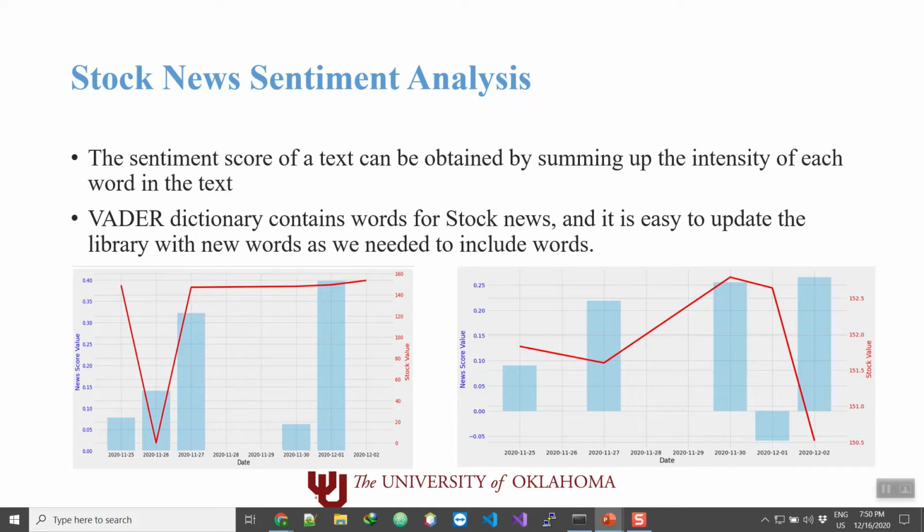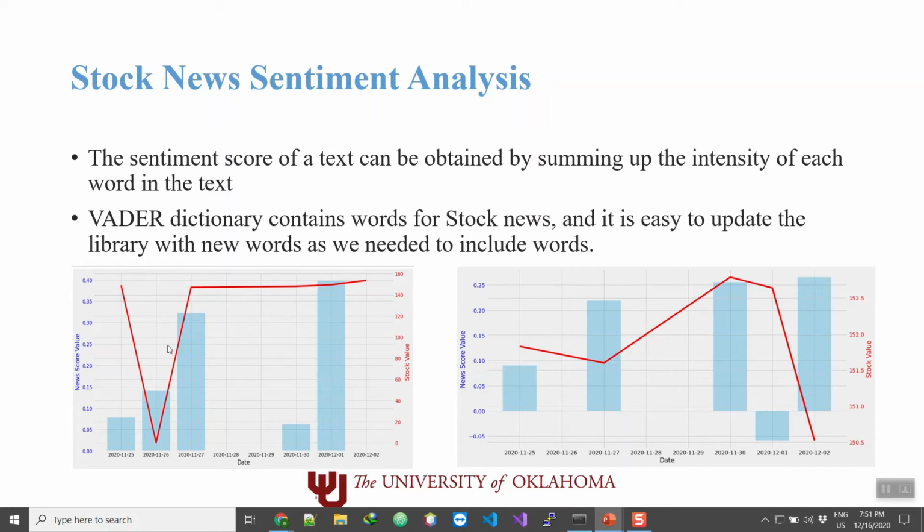We can make our own dictionary and set our own scores for the words we need, which we really need for biostocks, for example, because biostocks have words, like the names of a vaccine or a company, or stages in vaccines, that a usual dictionary or sentiment analysis won't include. So it would be really helpful if we can include such words, and it's really easy to do with VADER.